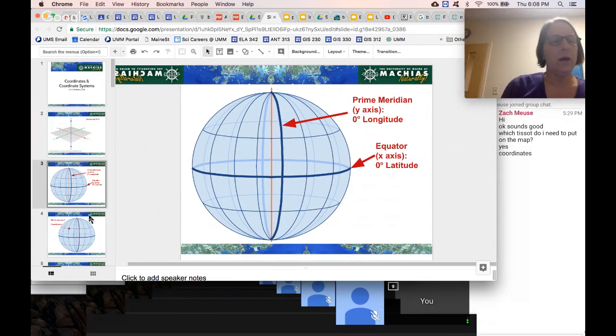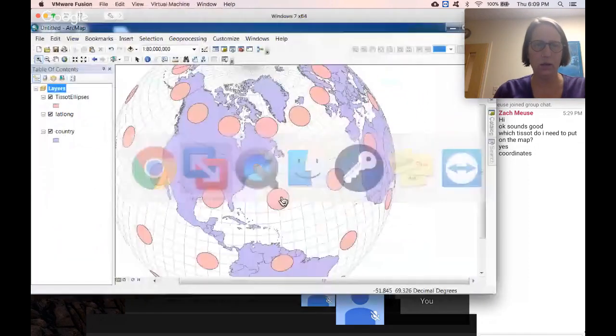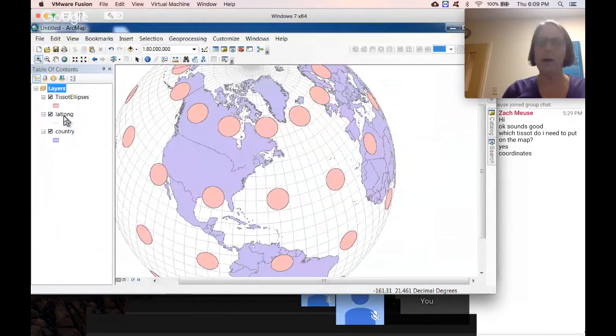Now, we're going to use that and reference where we are. Let me go back over here to my map, and I'm going to show you how to view the latitude and longitude lines a little bit differently, so that we can see where our equator and prime meridian are.